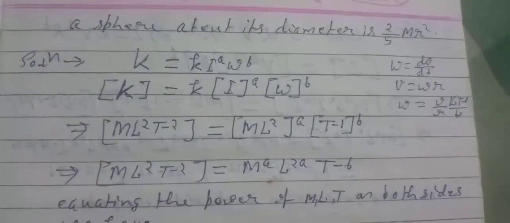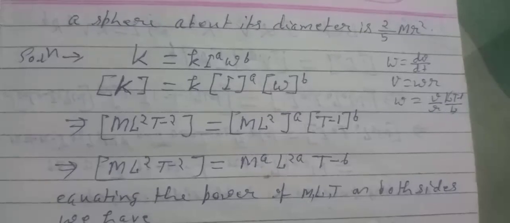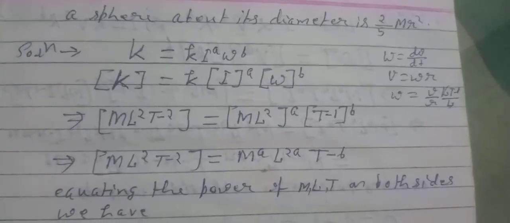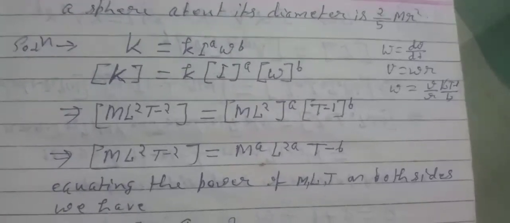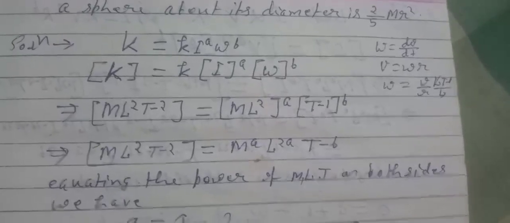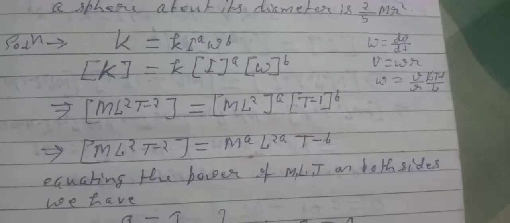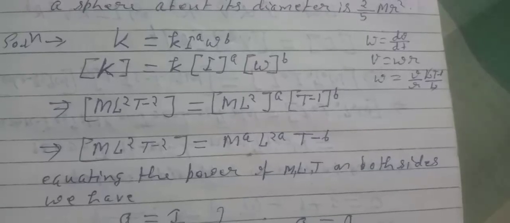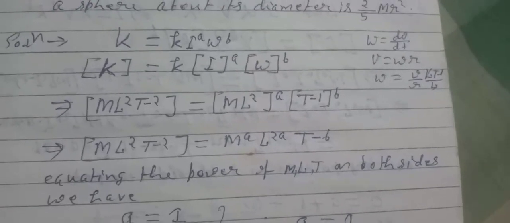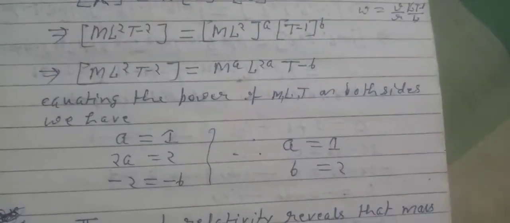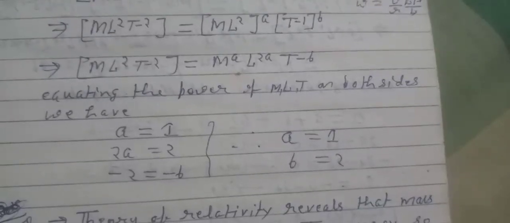Given K equals k into I to the power A omega to the power B. So dimensionally, K equals I to the power A into omega to the power B, or M L^2 T^-2 equals M into L^2 to the power A, T^-1 to the power B, or M L^2 T^-2 equals M^A L^2A T^-B.